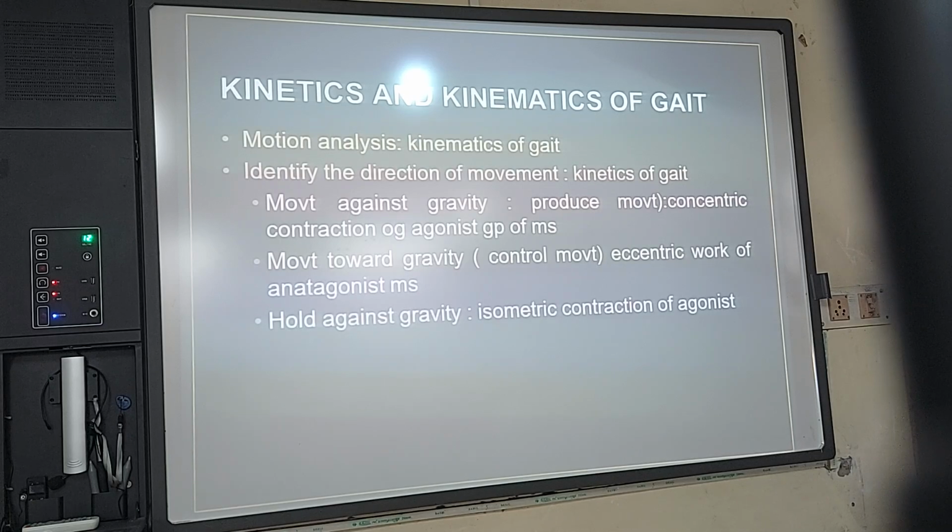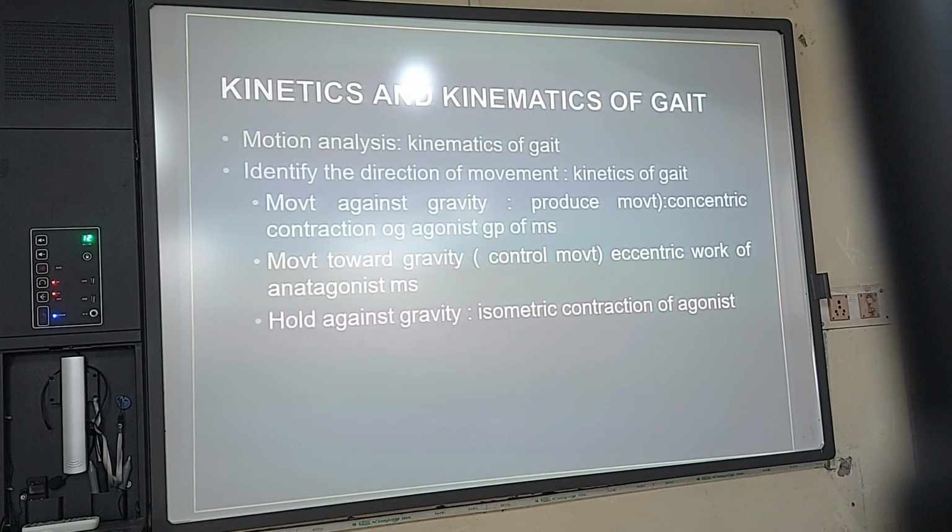Fine. You will tell me first what is the motion which is happening. Motion analysis. Which motion are you assessing? Whether you are assessing the ankle, the knee, the hip, the pelvis, the trunk, or the upper limb.